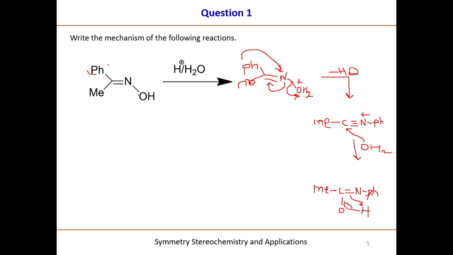And this rearrangement will take place. This proton will be taken by this nitrogen atom, and carbon-oxygen double bond formation will take place to give the keto product here. What is the product?